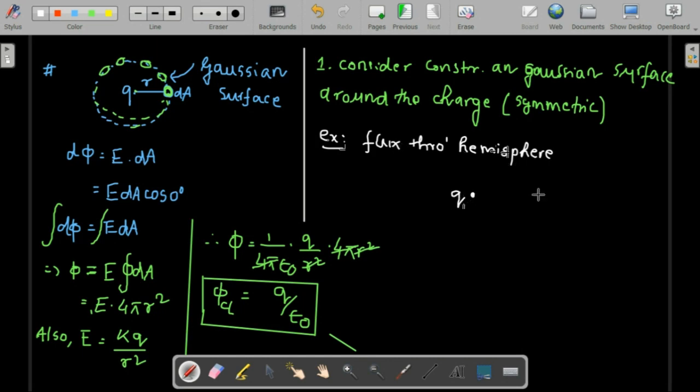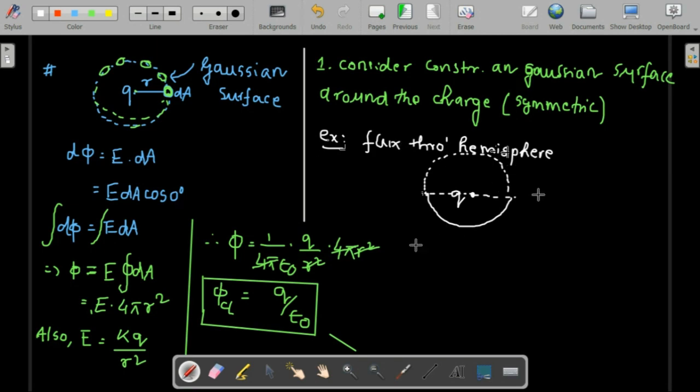You have to find out the flux through the hemisphere. So what you can do is we can draw a hemisphere. Maybe this is my hemisphere, but the problem is this charge is not having a symmetrical distribution. It is on one edge of the hemisphere. So what we have to do is make an imaginary other part of the hemisphere. So let's say we are doing it like this. Now this is an entire sphere.